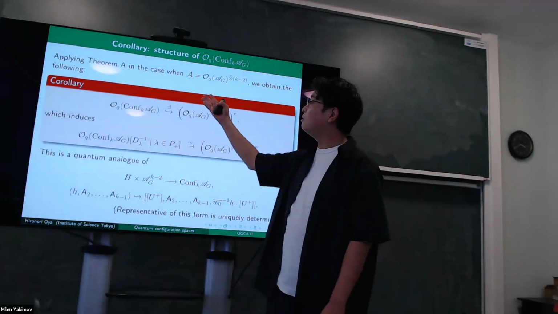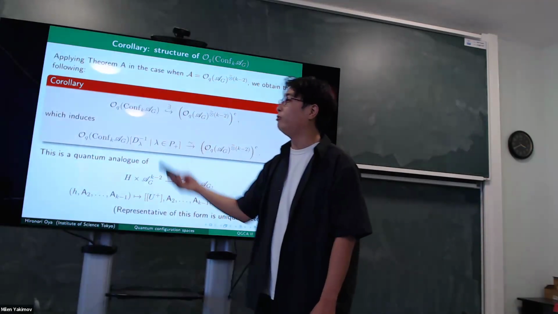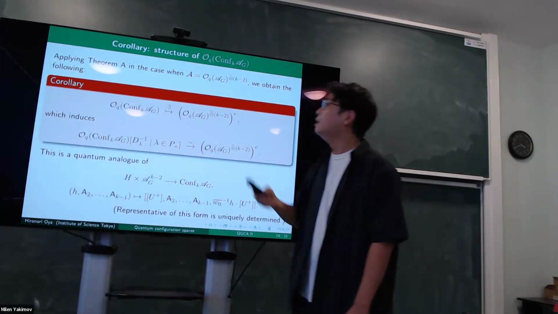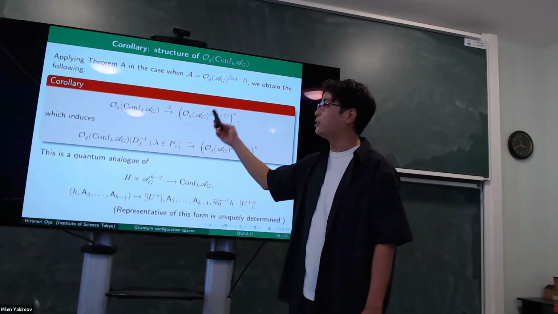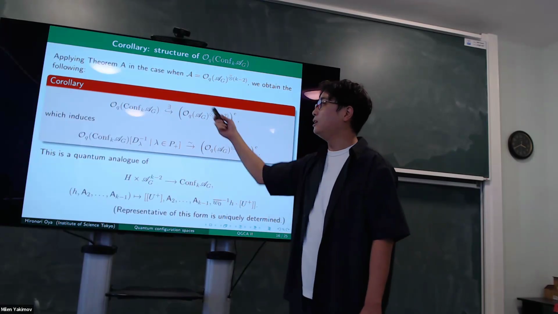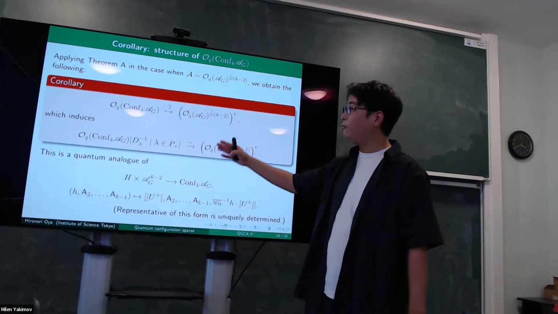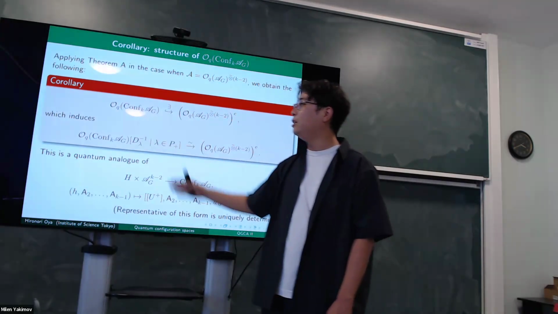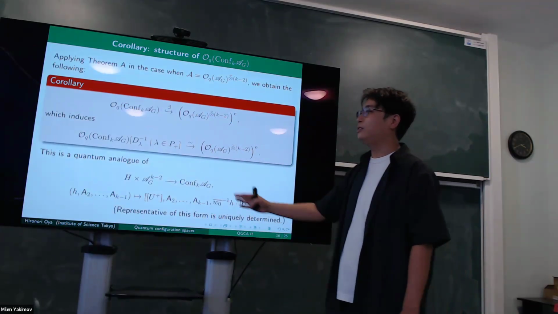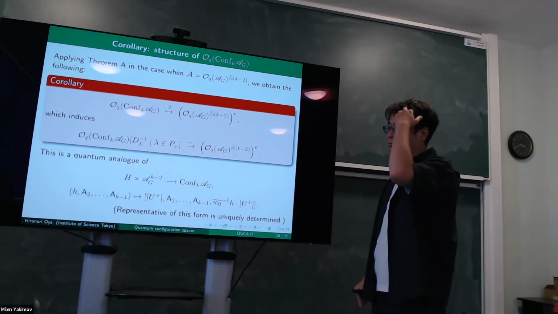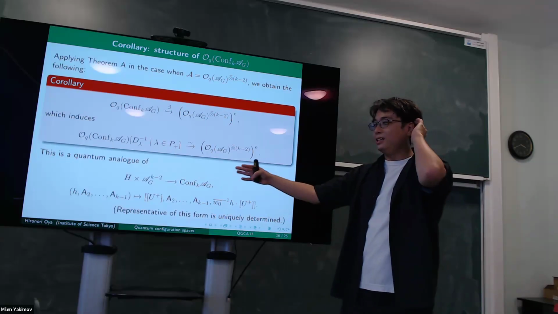Then by applying the previous theorem, we can say that this quantum configuration space is embedded in the k minus 2 times braided tensor product of OQAG extended by this. And if we localize this algebra by lambda, so this is the algebraic structure of the configuration space. This is the quantum analog of this kind of map.